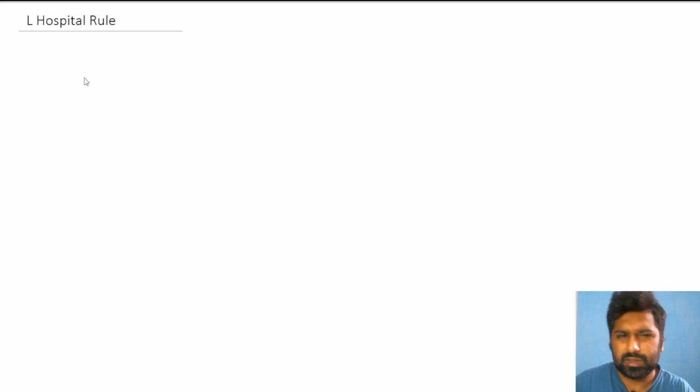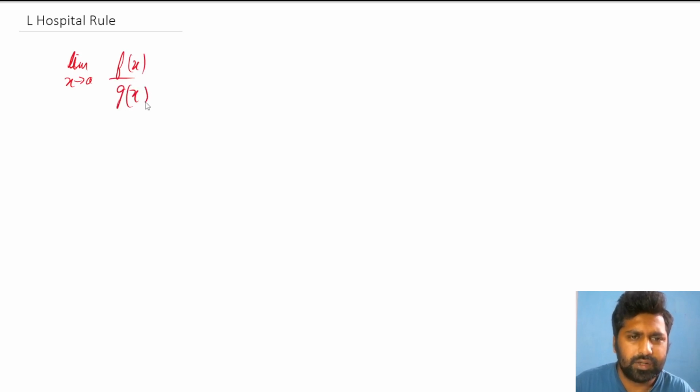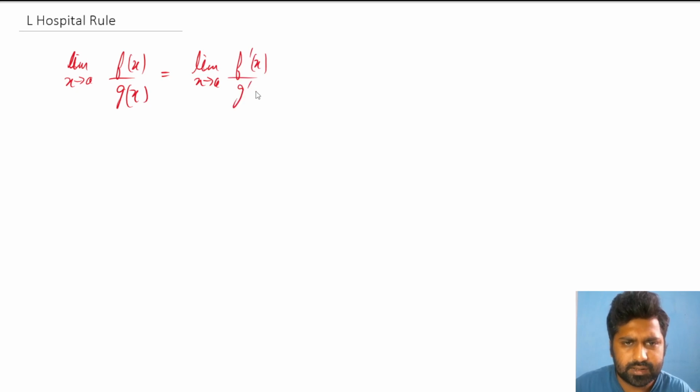So what this rule says is, if you have some limit x tends to a of f(x) by g(x), and suppose you are solving this and you are getting 0 by 0 form, or infinity by infinity, both are applicable. In that scenario, you can rewrite this as limit x tends to a of f dash x by g dash x, given that g dash x is in the denominator, so that should not be 0.